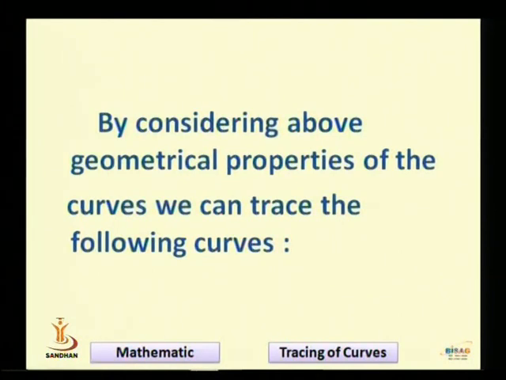Thus we determine the region of the curve, in which region the curve exists and in which region it does not exist. So by considering these geometrical properties of the curve, we can trace the following curves.